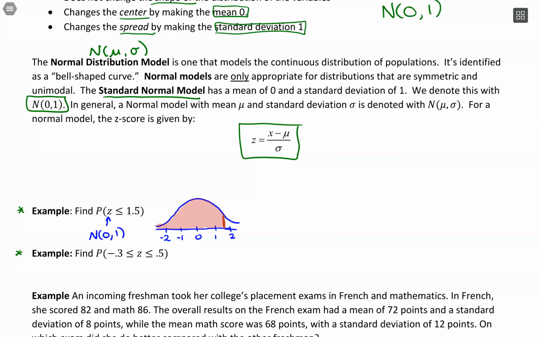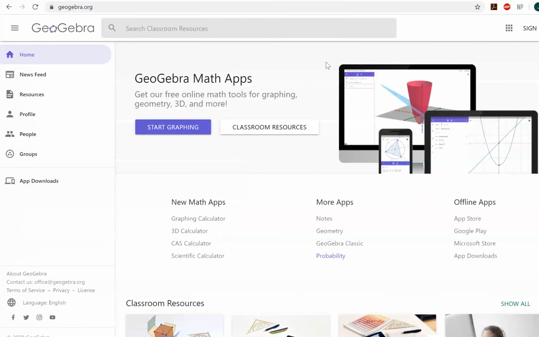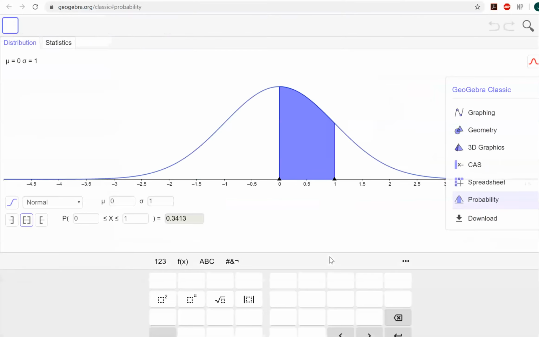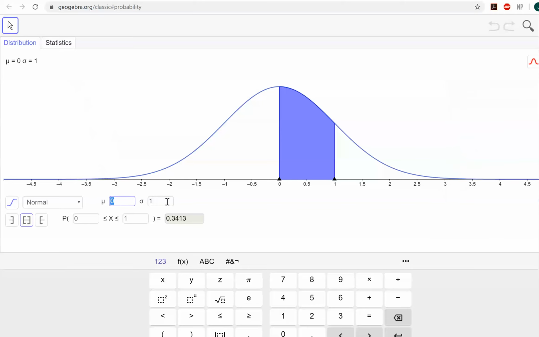And that's where I go to GeoGebra. So in GeoGebra, just to show you kind of from the start here, you're at your GeoGebra website, more apps, go to probability, and when you need to use the standard normal model, it's always the first model that's going to be loaded here. So our first step would be to change the mean and standard deviation, because we're working with z-scores, you want that mean of 0, standard deviation of 1.